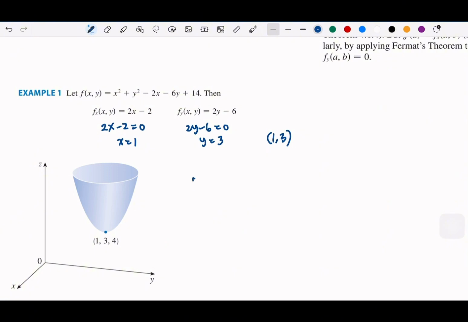So for example, if we take this into completing the square, we can get this. So plus 1 and plus 9, so plus 10, so plus 4, right?